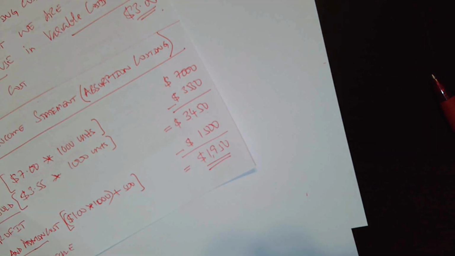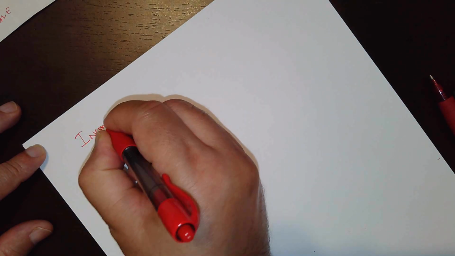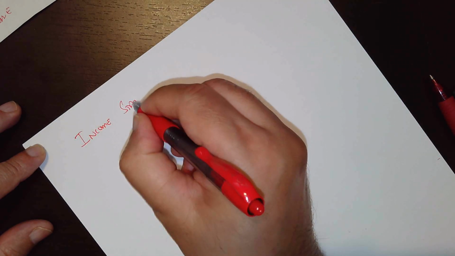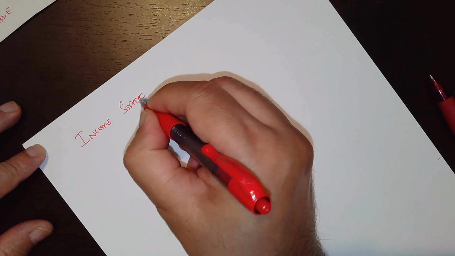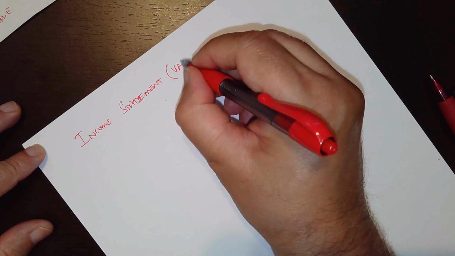So this is our operating income. Now, in this next part, we are going to calculate the income statement using variable costing.